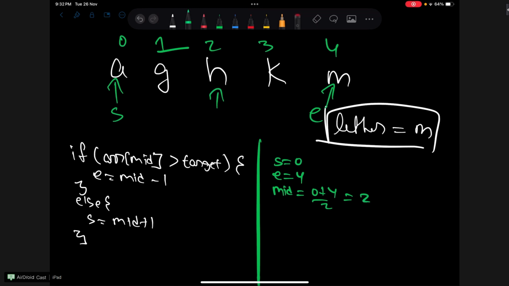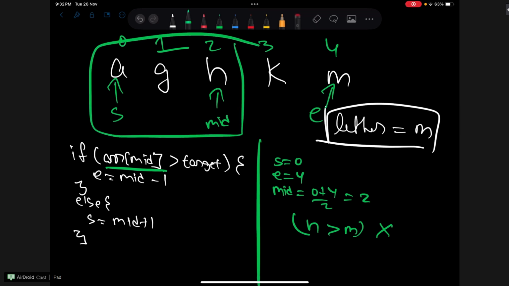So this is where the mid is pointing at. Now I will check if whatever is at mid, is it greater than target. So my mid is going to be H. My target is going to be M. Is H greater than M? The answer is going to be no. H is not greater than M. In that case, the left side is entirely excluded.